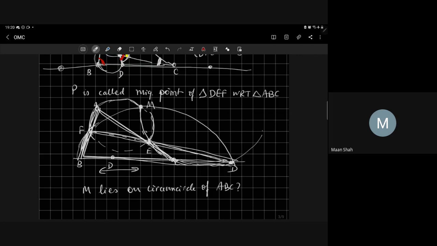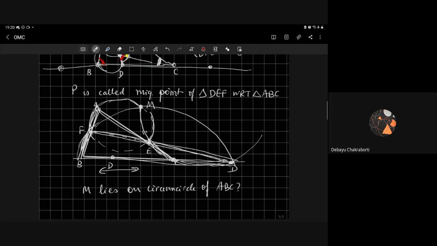So it will be the common point for it on the circle. I'm asking you to show that M lies on the circumcircle. By spiral similarity it will be done. Spiral similarity, I don't want to go into that, and I don't think that will give the result either.